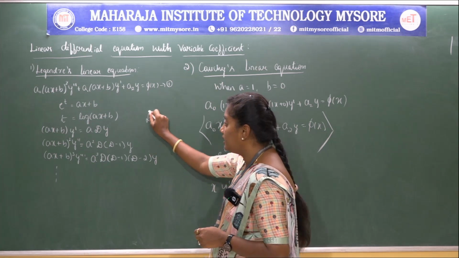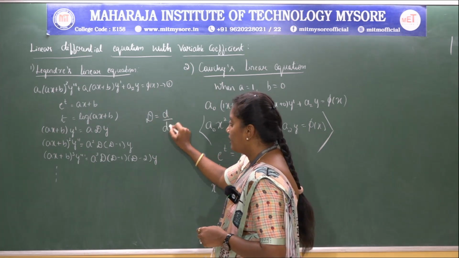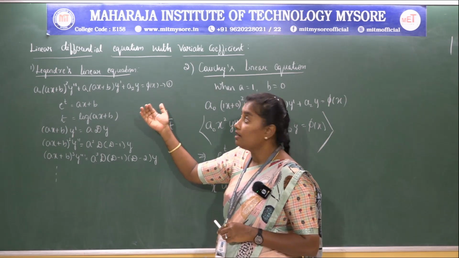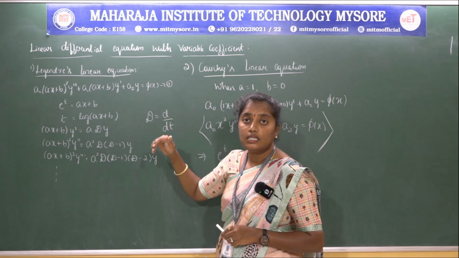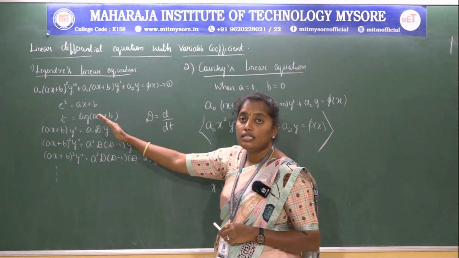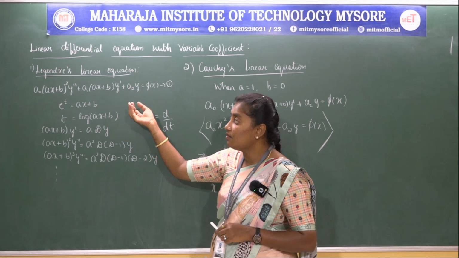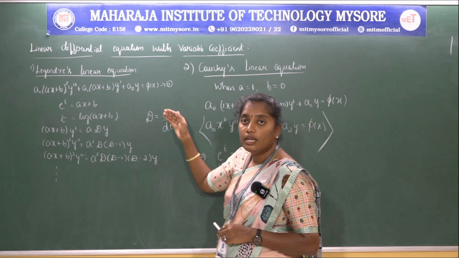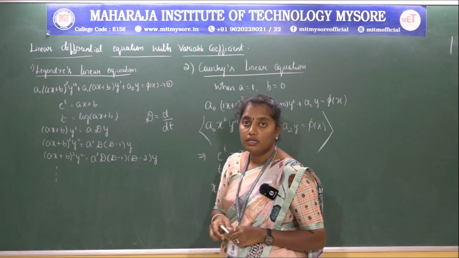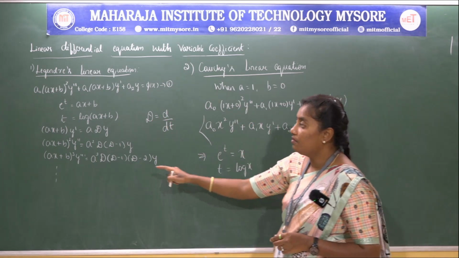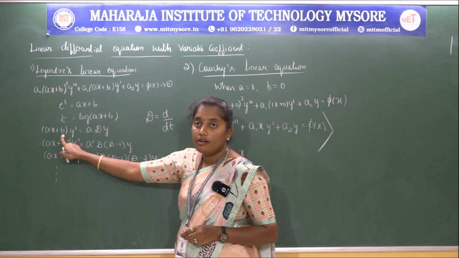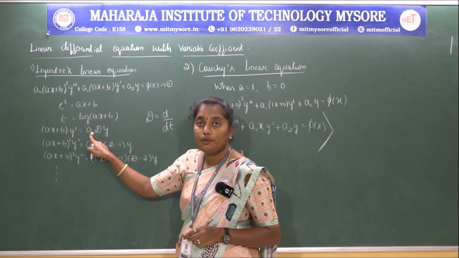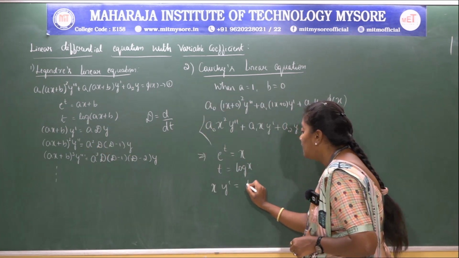Here this capital D represents the derivative with respect to t, because to reduce an equation with variable coefficient to constant coefficient, we are going through the substitution; that is, we are replacing the variable x by t. So this is the new variable, and D is the derivative with respect to t. So the first derivative value is x into y dash is equal to D y.